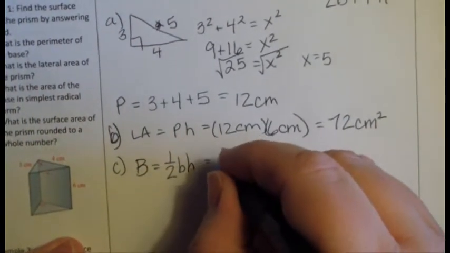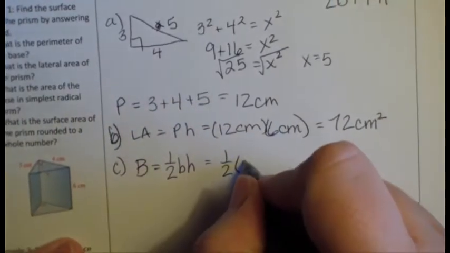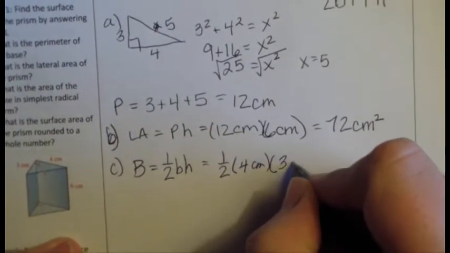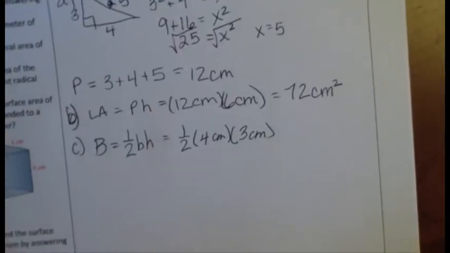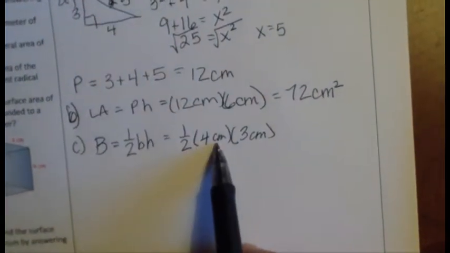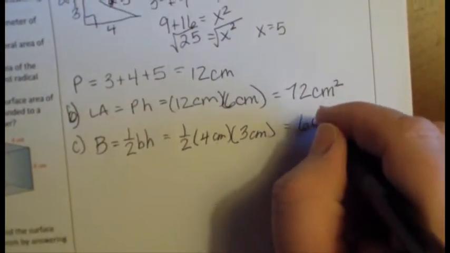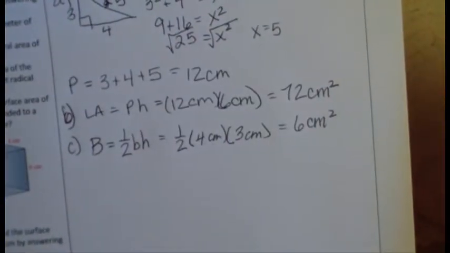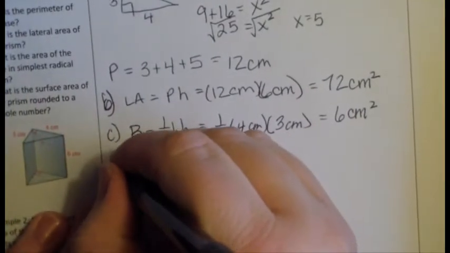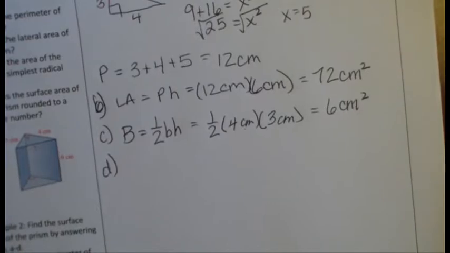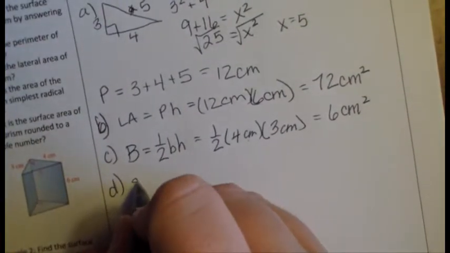So this is going to be 1/2 base, which was 4, times height, which is 3. So half of 4 is 2. 2 times 3 is 6. So 6 centimeters squared.